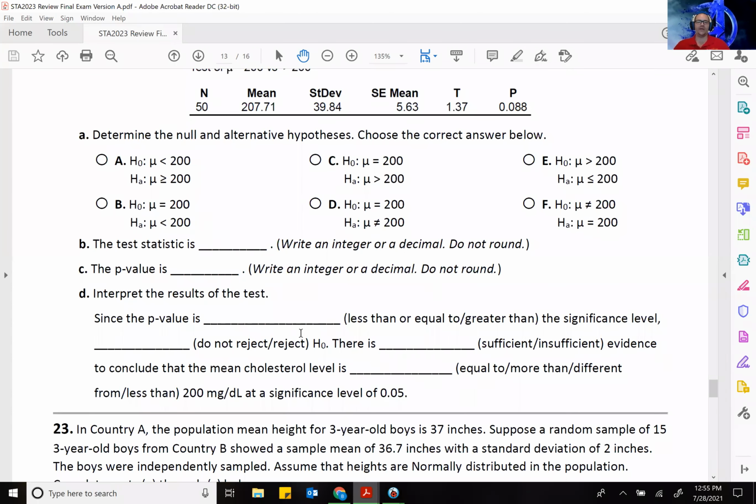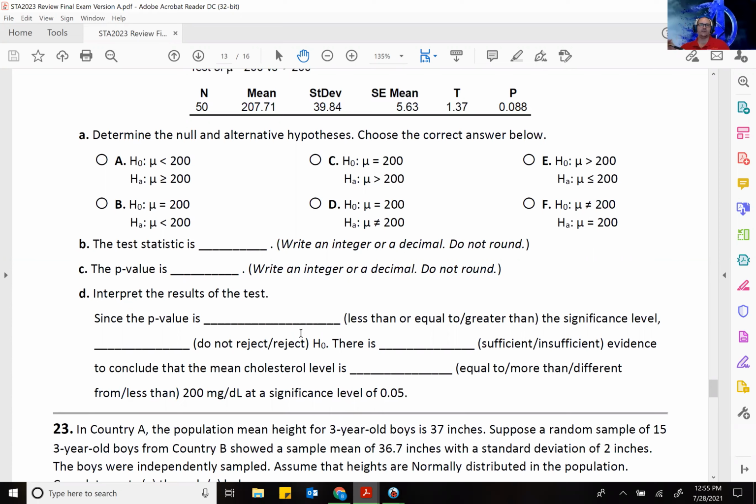All right, so there is blank evidence. Was it insufficient? It is insufficient this time. And that's where I get confused all the time. I always get it wrong. If you reject, then that means you have evidence to show otherwise.